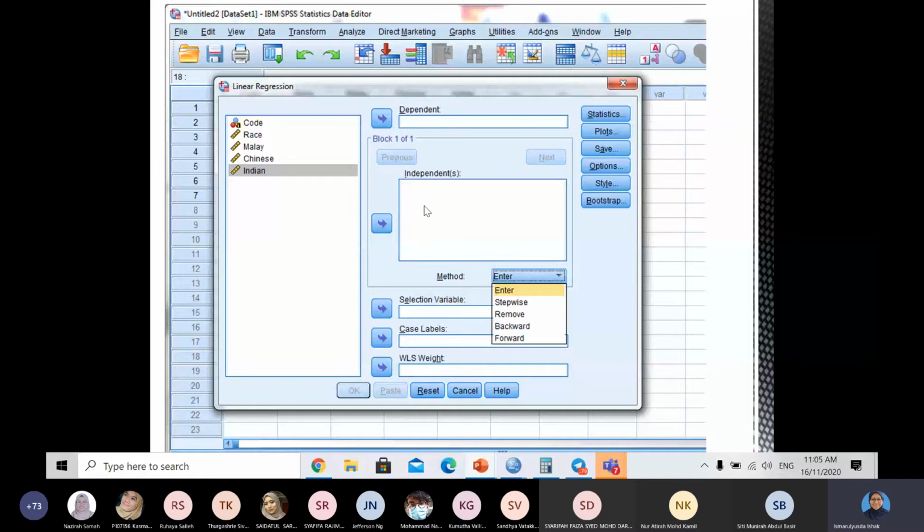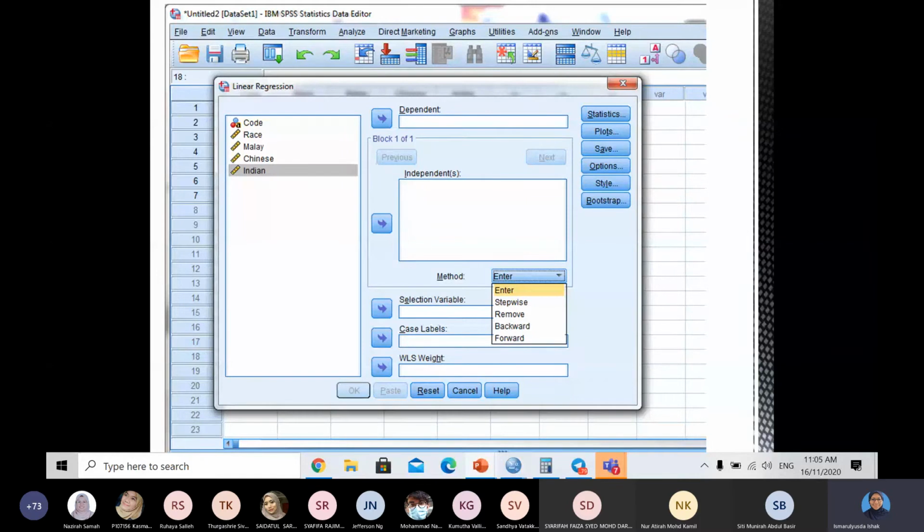Other than that, what I want to show you is the method. There are many methods: enter, stepwise, remove, backward, forward. If you choose enter, SPSS will calculate all of them, significant or not significant, and give you the equation, whether significant or not in your model.